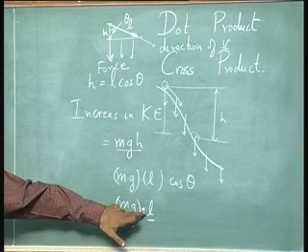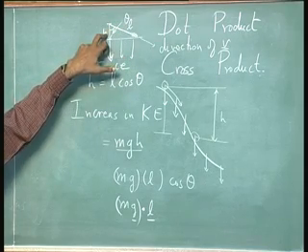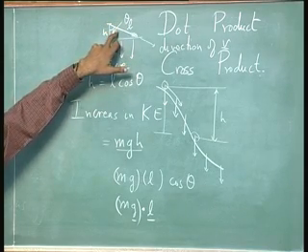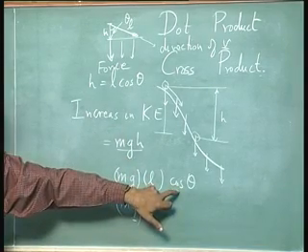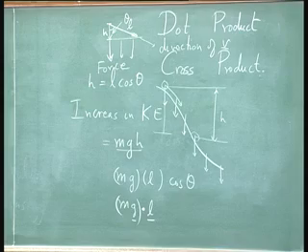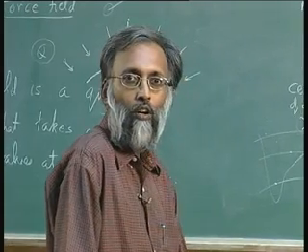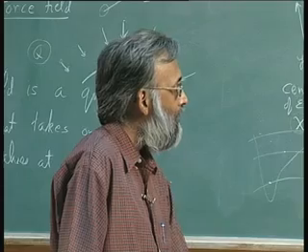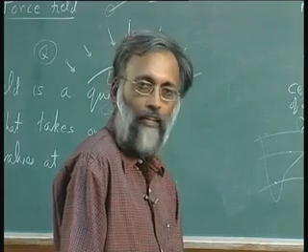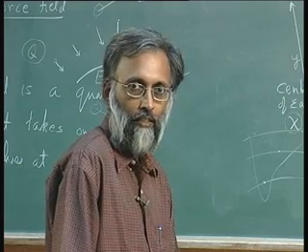This dot implies taking the angle between the two vectors, finding the cosine and multiplying the magnitudes. This operation is extremely important. It is probably the most important vector operation you know. It is very important in all operations we do regarding work, regarding kinetic energy, potential energy, and you would have encountered it in many places.